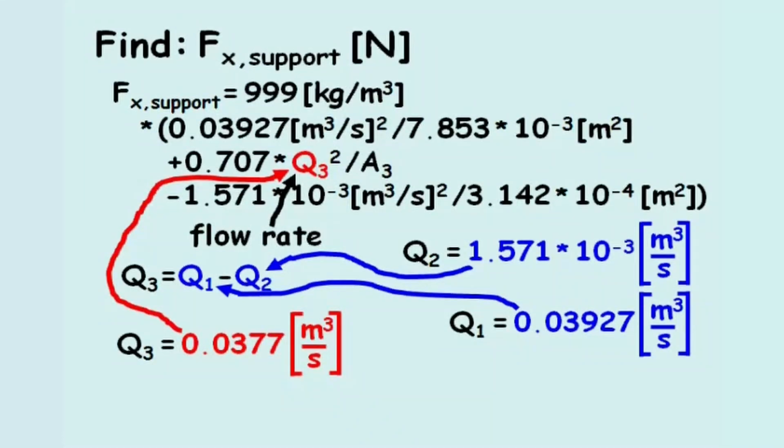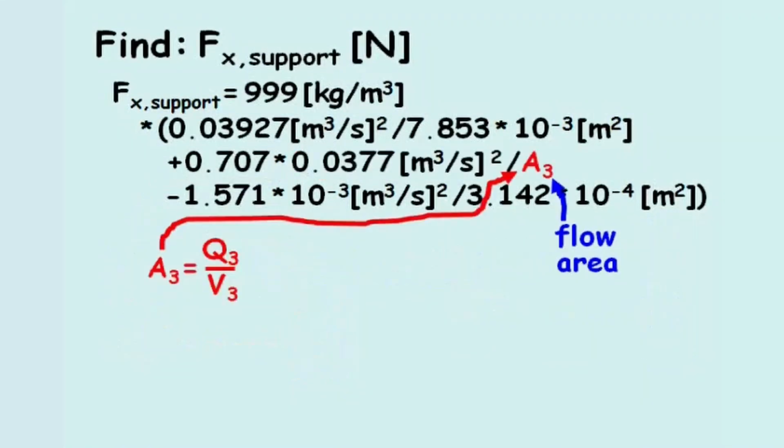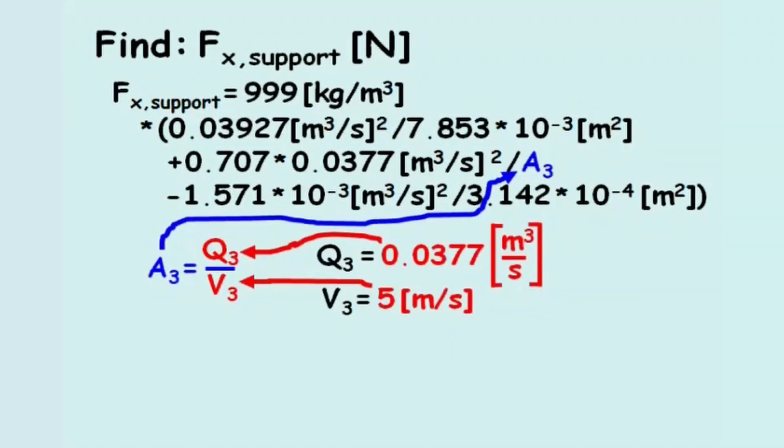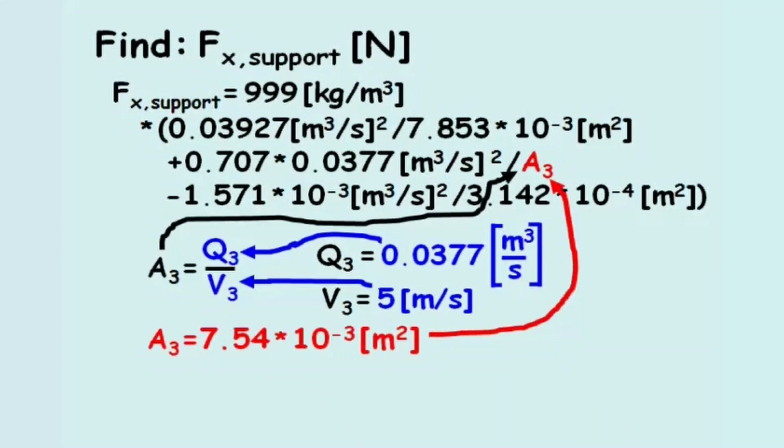The flow area for pipe 3 equals the flow rate divided by the velocity for pipe 3. After plugging in these two values, the flow area of pipe 3 equals 7.54 times 10 to the negative third meters squared.